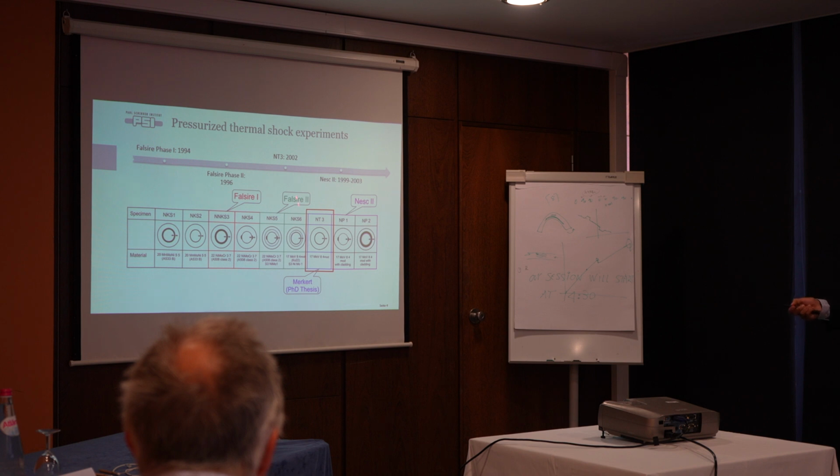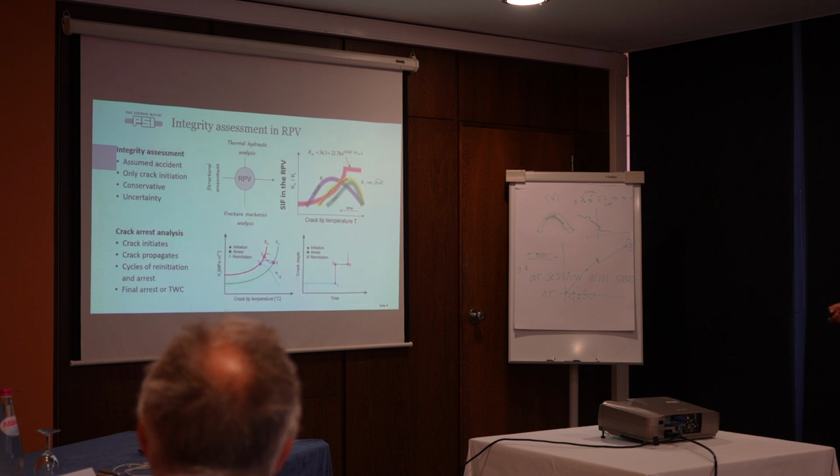So in FALSIRE 2 they included another material that shows, at that time, more brittle crack propagation behavior. In this PhD thesis at MPA in Stuttgart, they used just one single material and tracked the crack propagation. So I will take this as my reference solution for this study.